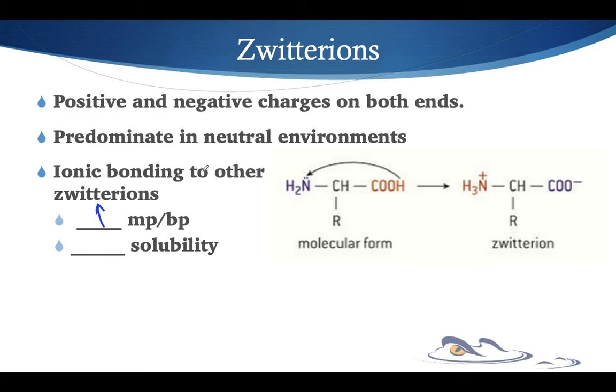So I'm going to put a little arrow up here to say the melting points and boiling points of these Zwitterions in their natural environments tend to be relatively high. Also, their solubility, because they are, again, ionic. Ionic things love to hang out with water, so their solubility goes up substantially as well. And so being in this Zwitterion form changes the properties of the amino acid.